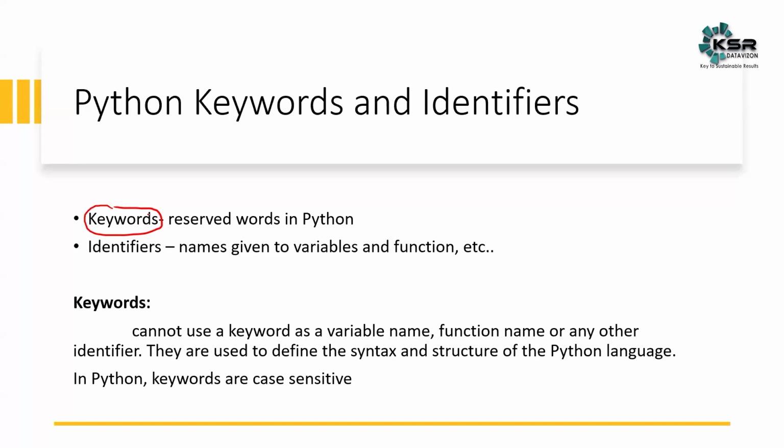Keywords help us define the structure or syntax of Python. Without knowing the keywords, we cannot write in the Python programming language. Simply put, keywords are nothing but your articles and prepositions.